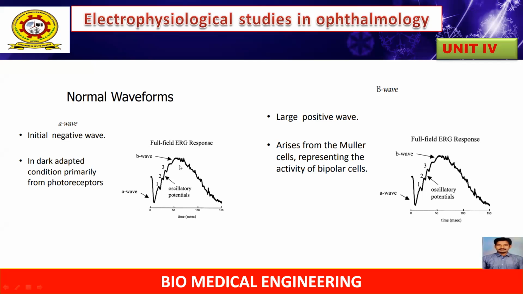Compared to the A wave amplitude, the B wave has a very large amplitude. This B wave arises from the Müller cells, representing the activity of the bipolar cells. Both the A wave and B wave are regularly used in the corresponding ERG implementation.